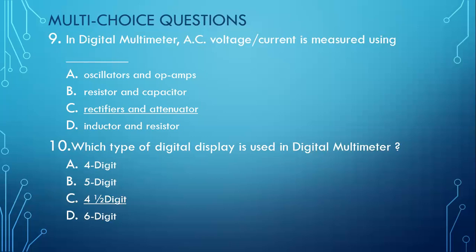It means 4 digits full, 0000 to 9999, and the most significant digit is either 0 or 1. That means we can display information from 0000 to 19999. That's why it is called a 4.5-digit display.